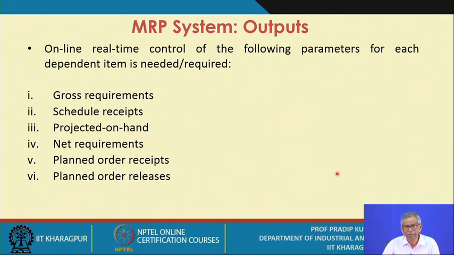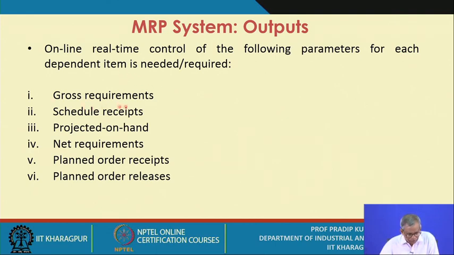This is a standard format in any MRP system, and what we try to explain is the parameters you need to control all the time on an online real-time basis. The values of these parameters you constantly monitor over the time buckets, and over the planning horizon for each dependent item.